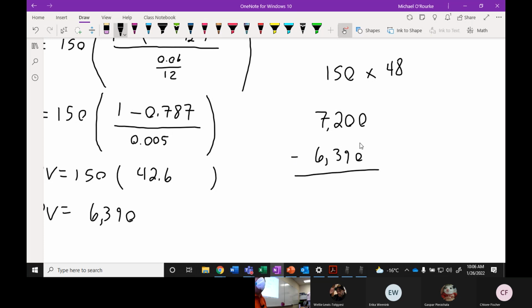The question is, how much interest did I make on my investment? So I paid her $7,200, which is 150 per month times 48 months. I actually paid her this much, but I only invested this much. So my interest is going to be the difference between these two.